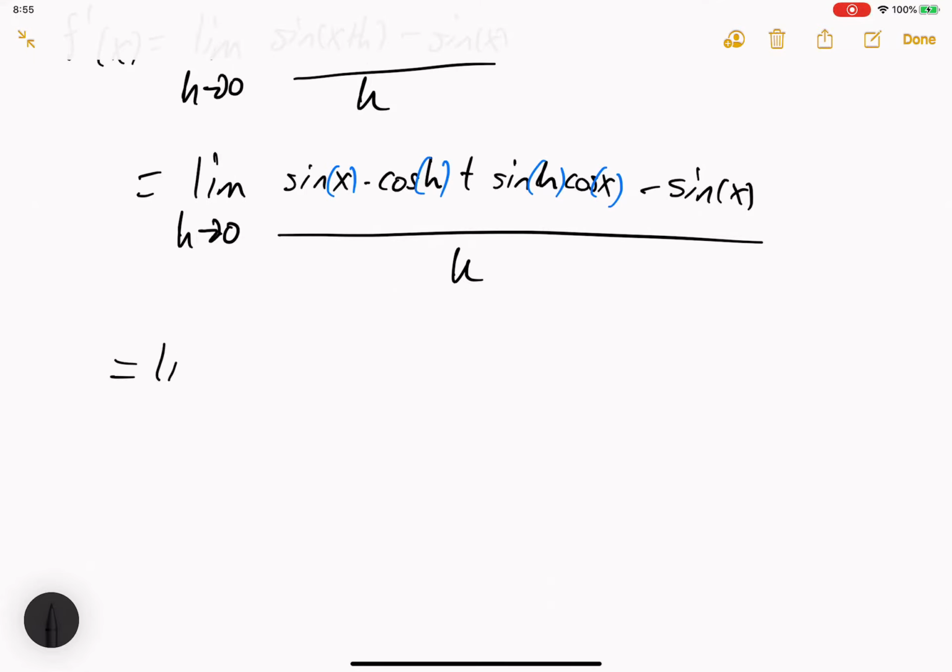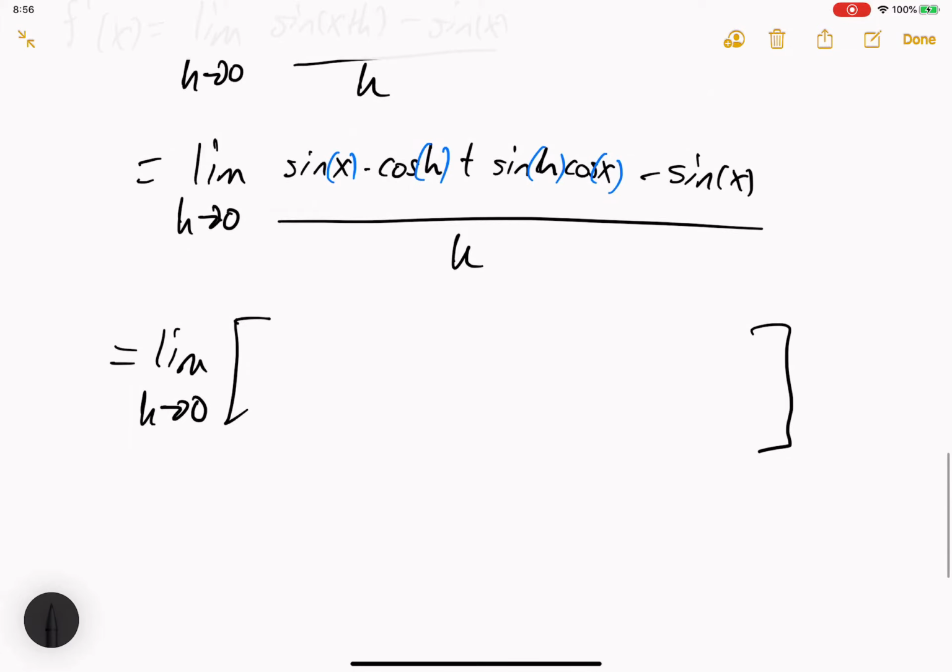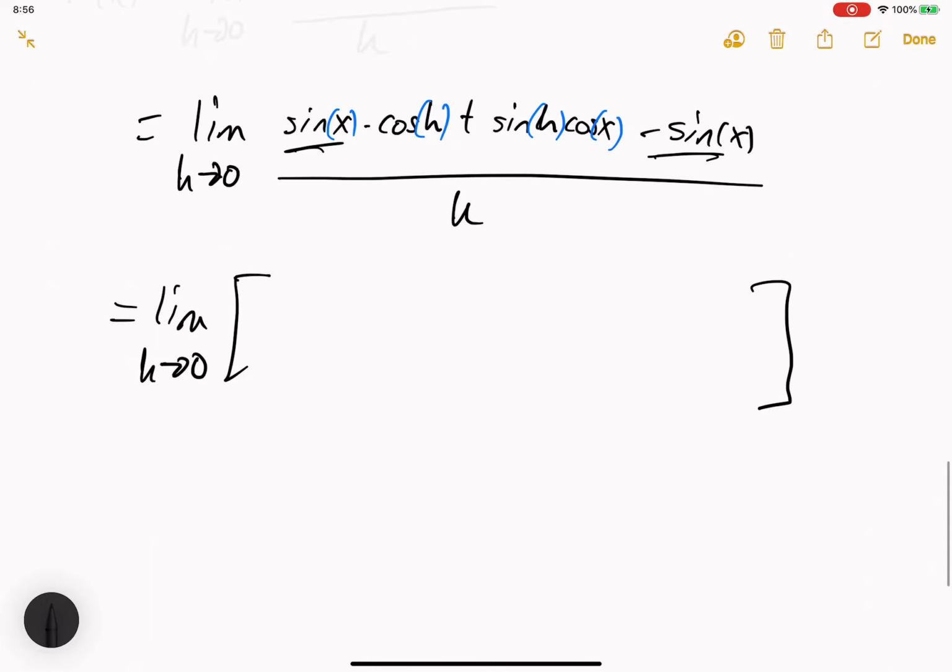Alright, so the next step I'm going to do is just break up the fraction into nicer pieces. Again, there's not always intuition on how to do this. It's usually just trial and error or just experience. Typically you want to put things together that look nice. So here's a sine of x and here's another sine of x, so I want to put them together.